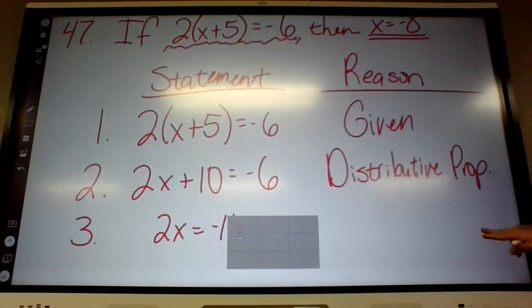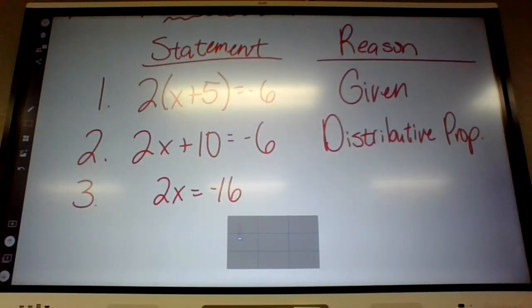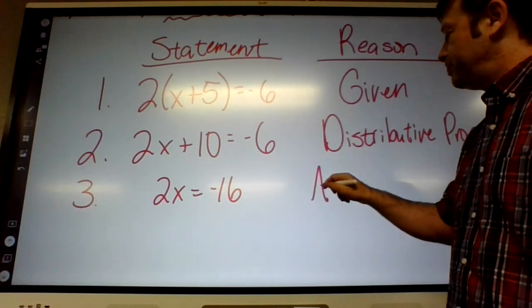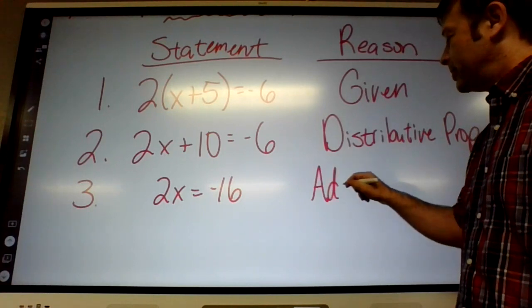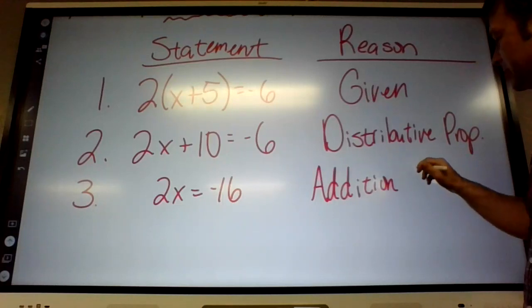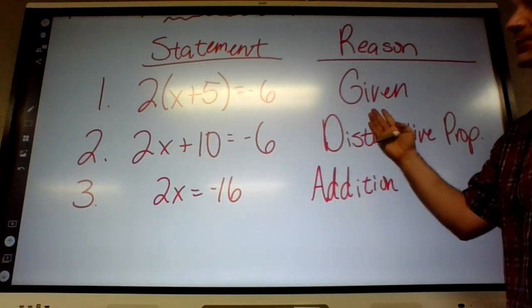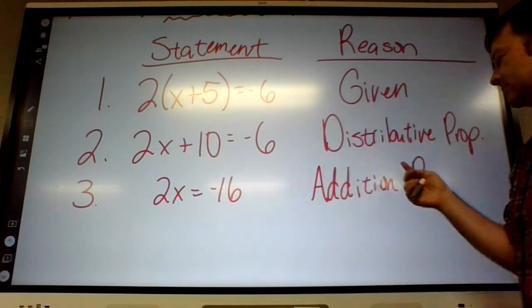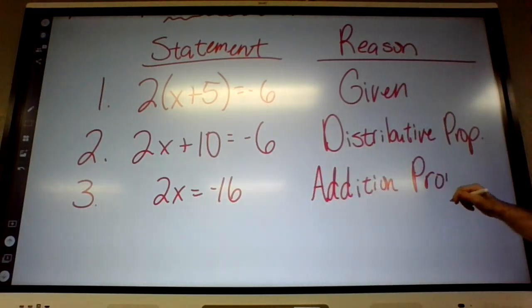What's that called? No, it's still addition. The book called it the addition property of equality. If you put subtraction on the homework, I wouldn't have given you credit for it. Subtracting 10 is the same thing as adding negative 10, so it's still kind of like addition.